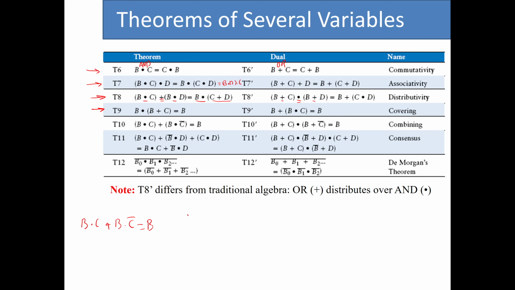So if we use T7 and we factor out B from these two terms that we have, the left hand side is going to be B ANDed with C plus C bar, right? So this is the simplification of the left hand side.